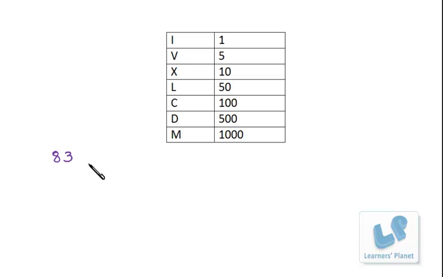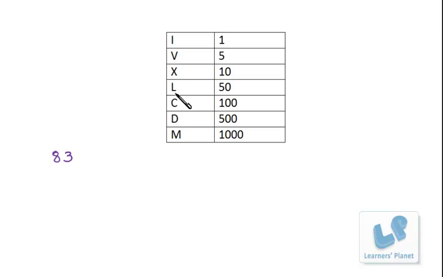According to Roman numerals, V, L and D can never be repeated in a Roman numeral. And I, X, C and M can be repeated maximum up to 3 times. Now, suppose we wish to make 80. How will we do that? We cannot write X for 8 times, because we cannot use X for more than 3 times.